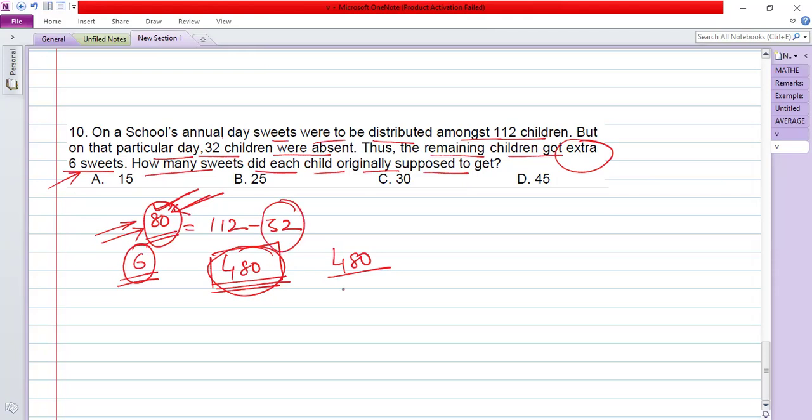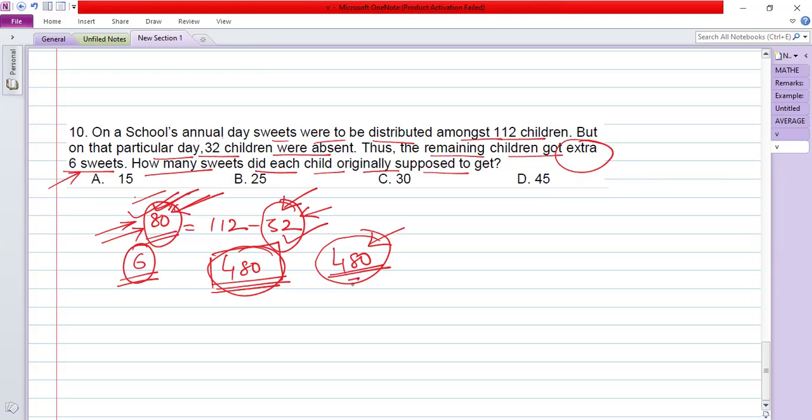Due to these 32 students. These 32 students were supposed to have these 480 sweets. It is a simple thing that a total of 480 extra sweets were distributed among these 80 students, and these 480 sweets were originally supposed to be distributed among these 32.